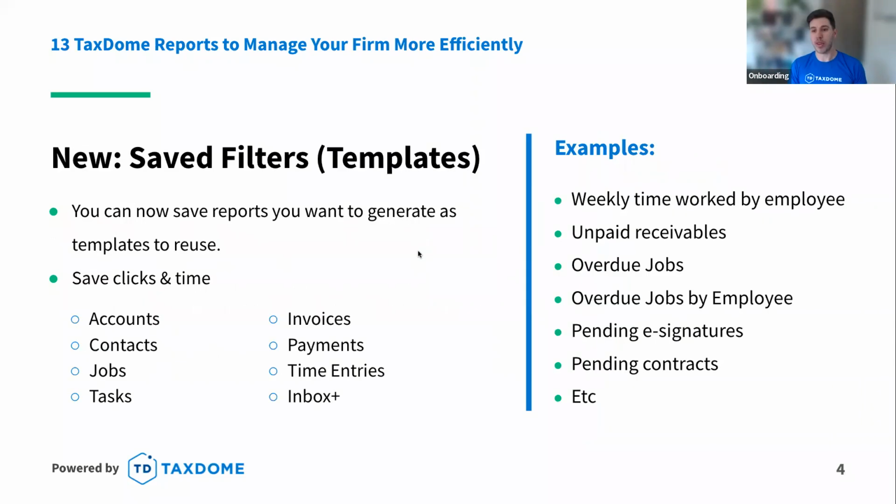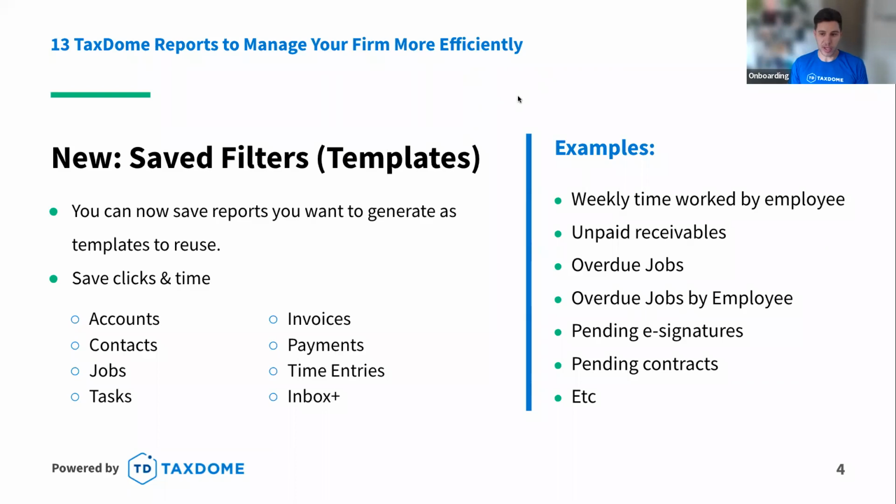This is really the meat and potatoes of this, and it's huge. Every firm has different needs, and every firm has different reports they may want to generate. Although we give you some generic ones on the right, say overdue jobs or weekly time, you may have specific reports and specific functionality that you want for your firm.